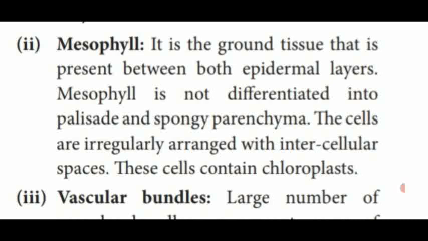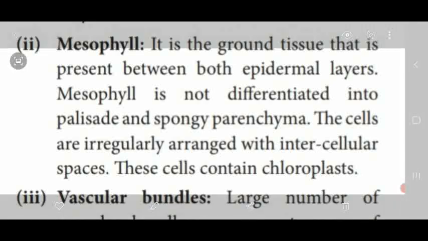That's why grass leaf is named as isobilateral leaf. Then the mesophyll cells are irregularly arranged with a lot of intercellular spaces. These cells contain chloroplast pigment, so this mesophyll tissue region is photosynthetic in function.